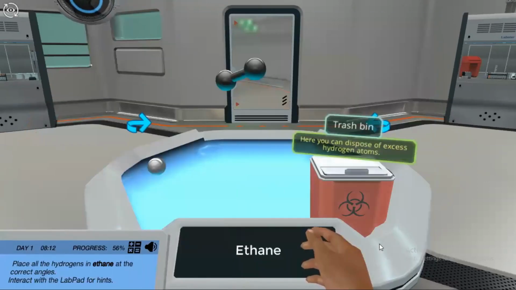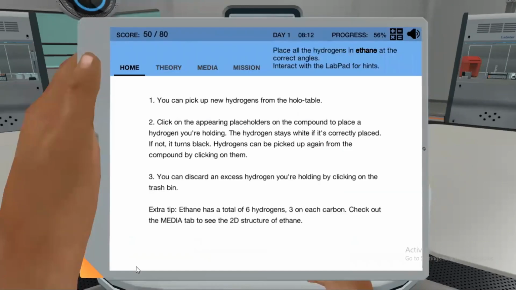Let's see if you can identify the correct configuration. Place all the hydrogens in ethane at the correct angles. Interact with the lab pad for hints.